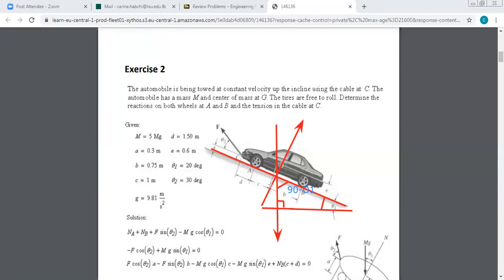Because the total angle between y and x is 90, and since the angle of the weight with x is 90 minus theta 1, the angle between the weight and y will be theta 1. So when you project on x, you do cosine of 90 minus theta 1, or sine theta 1. And when you project on y, you do cosine theta 1. Is it clear now? Yes, thank you.